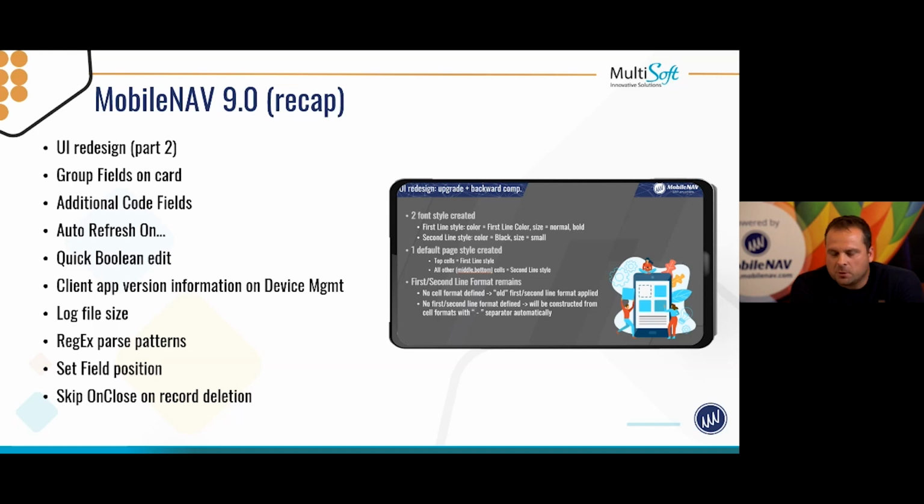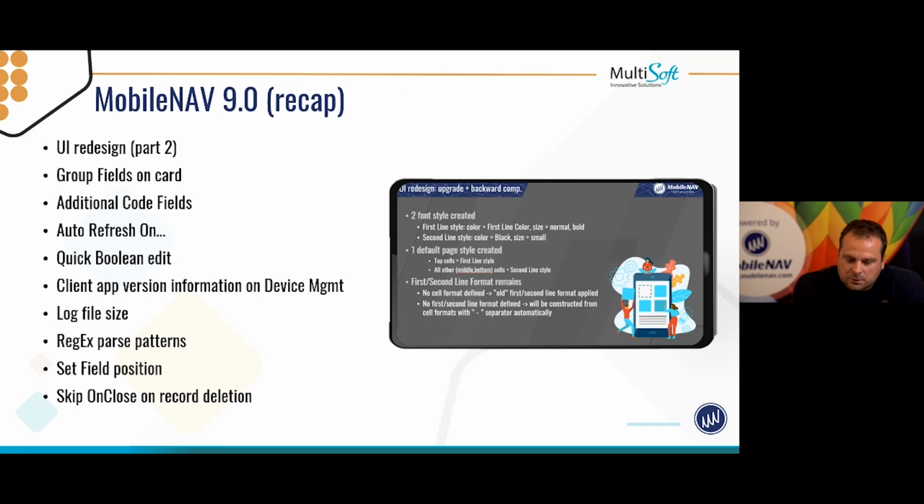We have also tried to further enhance the user experience for the configurators, meaning that you don't need to code every time when you want to refresh certain things based on a certain action. That was the auto refresh feature. There we allowed automatic refresh of the list, the parent list, the parent card, or the child cards or lists, based on a checkbox on the configuration page.